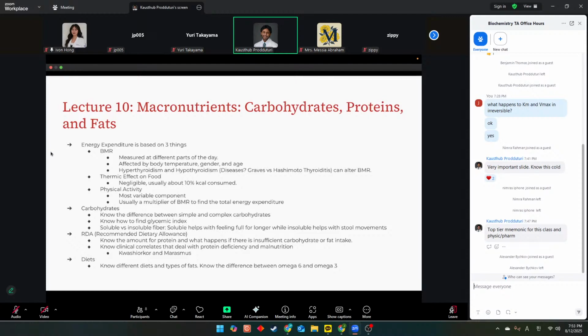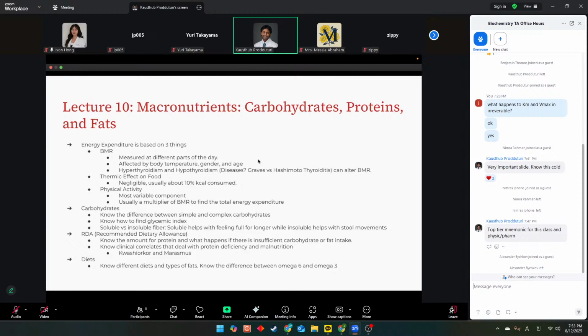Know the different clinical correlates that are associated with BMR, like hyperthyroidism, hypothyroidism, and different varying levels of TSH, thyroid stimulating hormone. Know how that affects BMR. One increases it, one decreases it. And here are some clinical correlates I included. Graves is an example of hyperthyroidism.